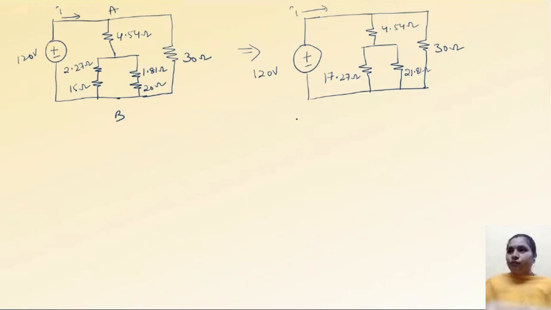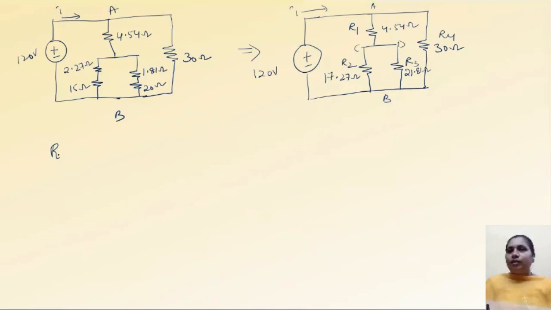So what is the parallel combination of this? Let this be C, this is D, and this is B. Okay. So the parallel combination of two resistors. Let these be R1, R2, R3, and R4.